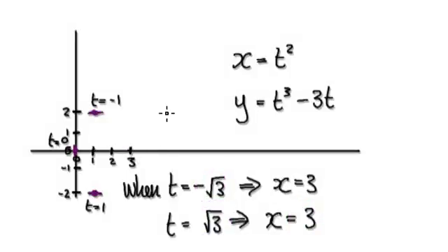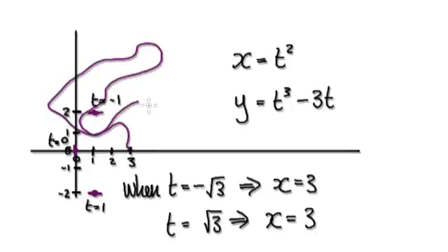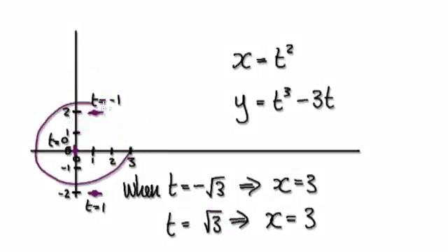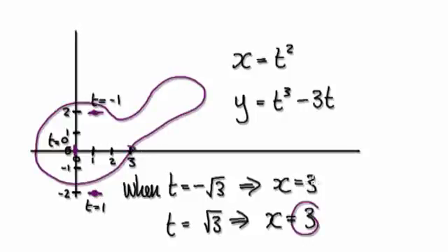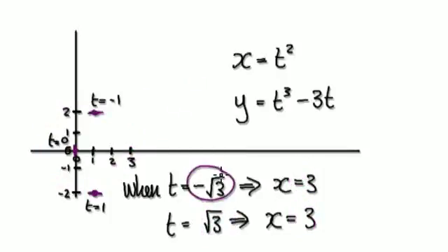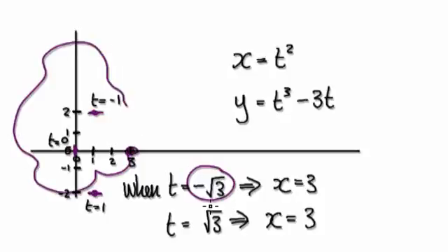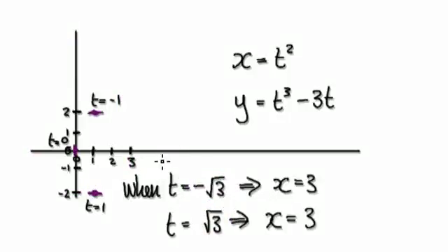I don't know what's happening in between, but it's going to do something like this, and then at time root 3, it's going to come back to the same place. So that's what we can obtain for that.